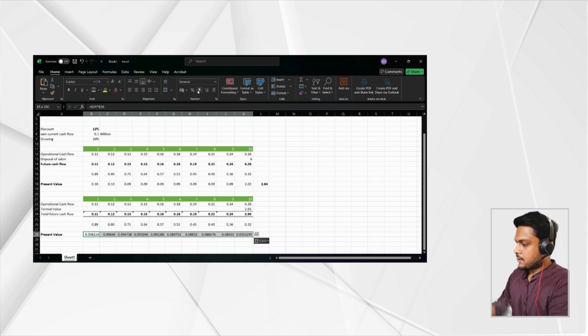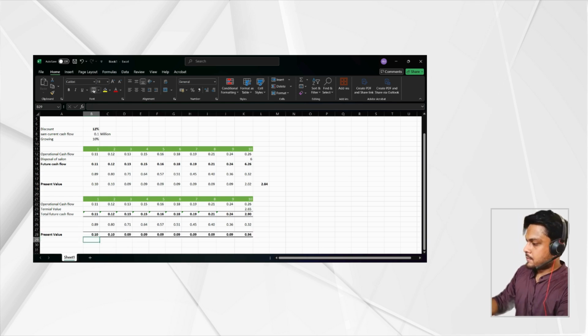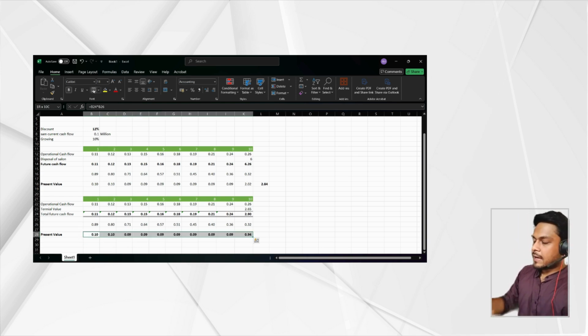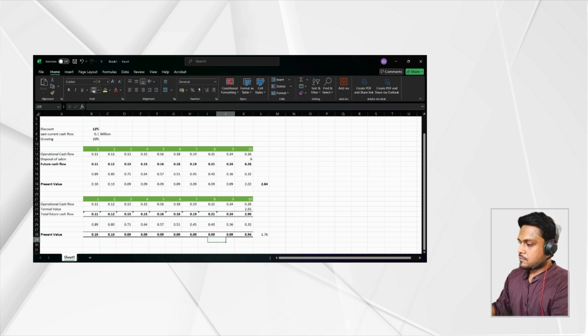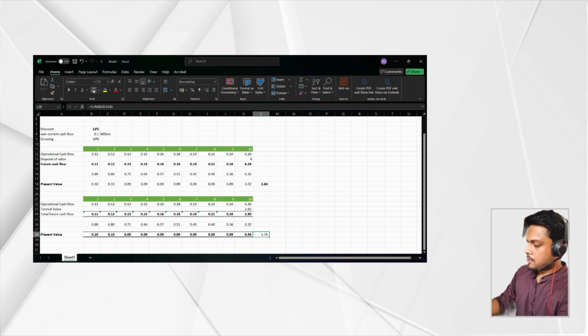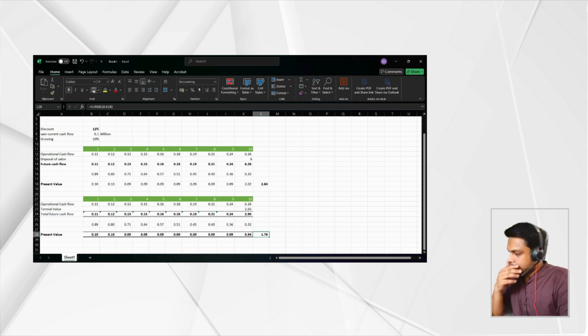Now we will get the discounted values. Now, let's sum up all the present values to determine the total present value of the salon.